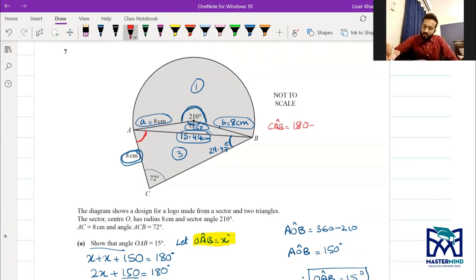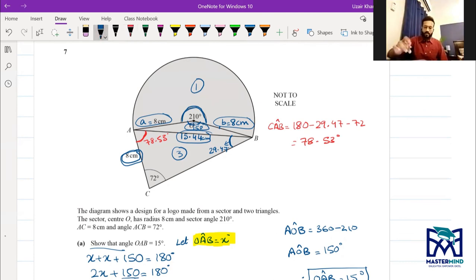So angle CAB will be 180 minus 29.47 minus 72, and that is 78.53 degrees.